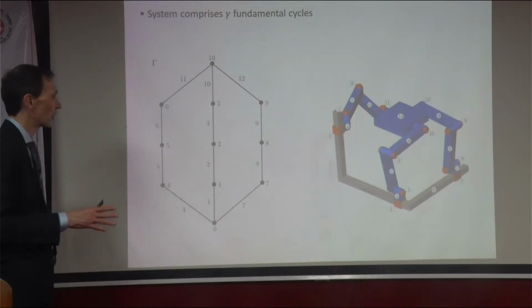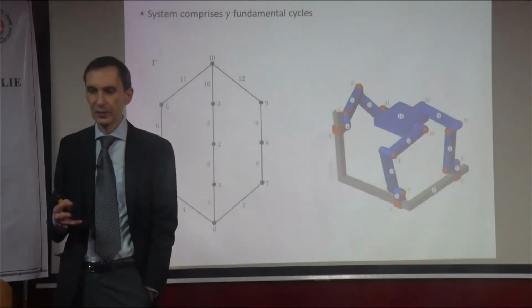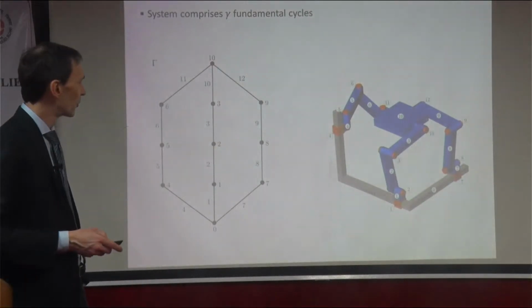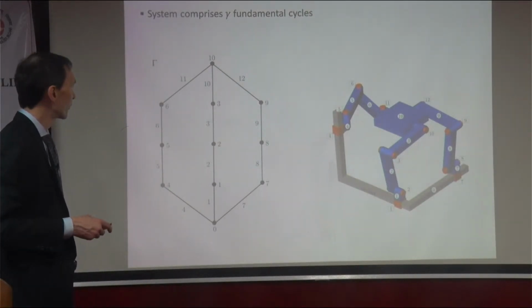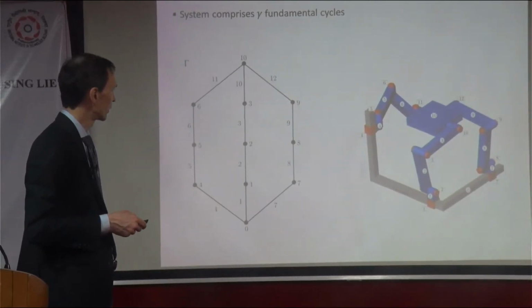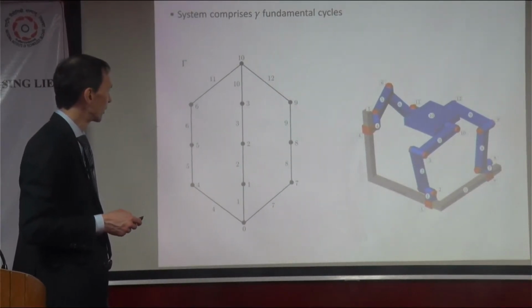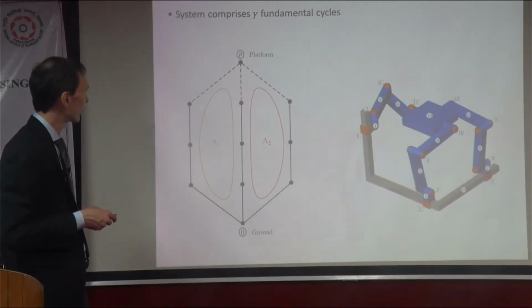And we should focus on modeling those systems with simple kinematic chains. That's enough for the time being. So the modeling, of course, goes like this. You construct a kinematic topological graph, and then you identify fundamental loops if you like.